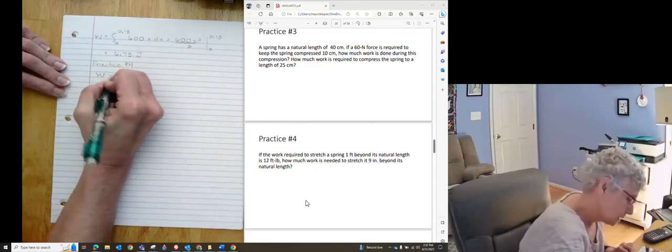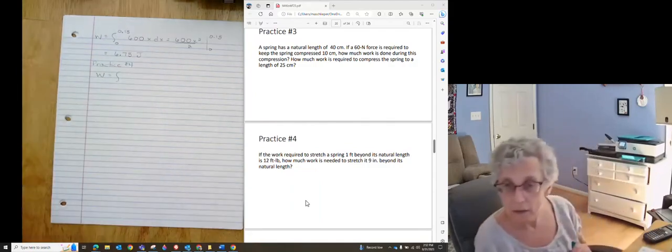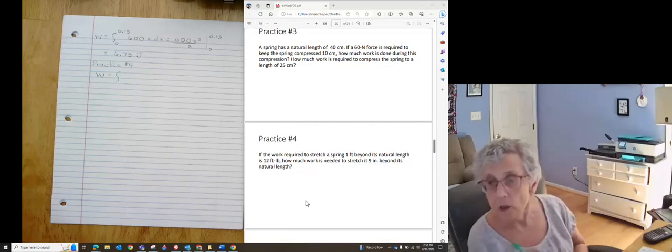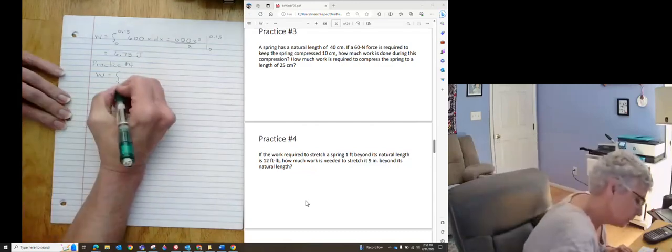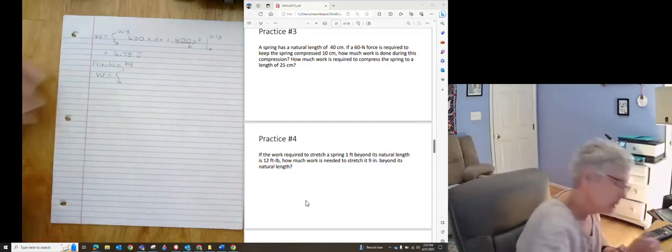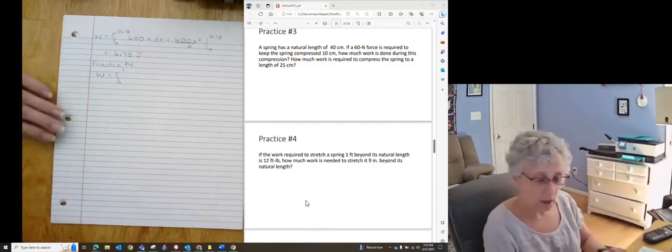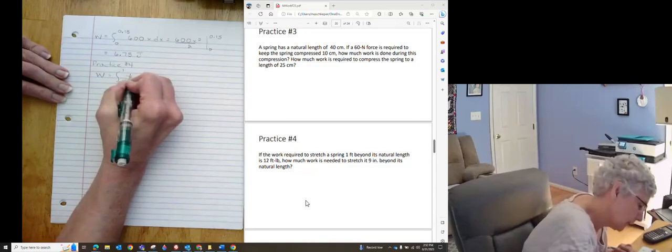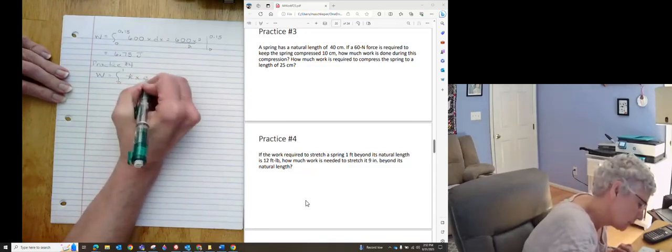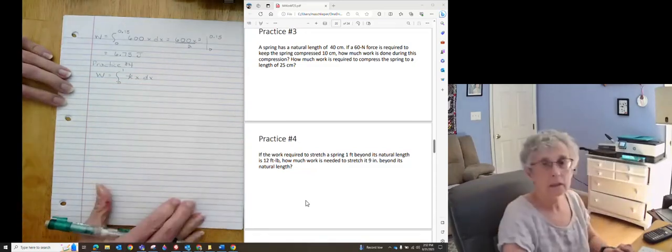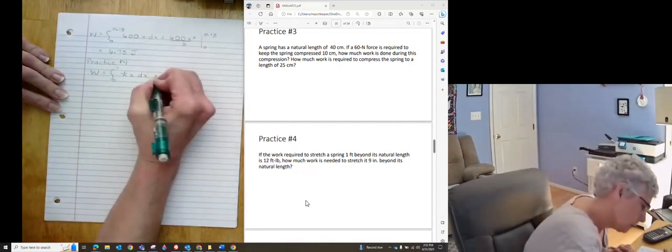Work means the integral from 0 to 1, 1 foot beyond its natural length. We don't know the spring constant, so we'll just put in K times X dx. Well, I know how to integrate that.